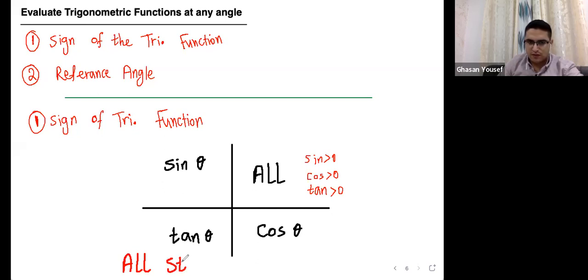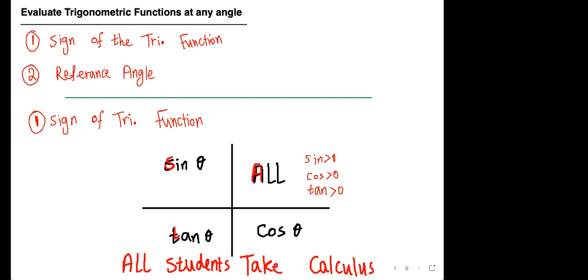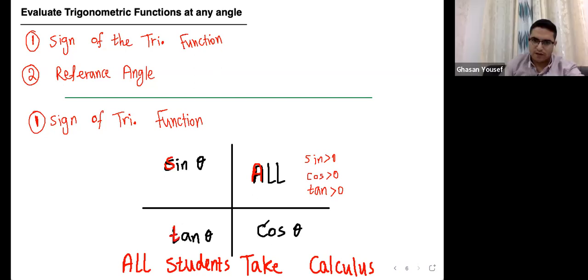All Students Take Calculus. Is it clear here? Yes. All Students Take Calculus. All functions here are positive. Sine function is positive. Tan function is positive. Cosine function is positive. This is about the sign here.